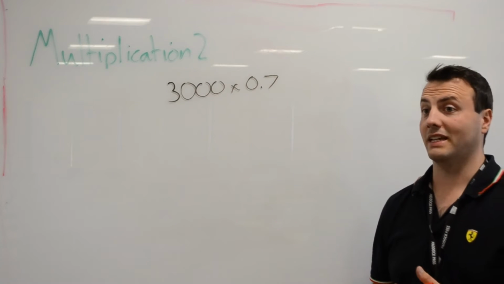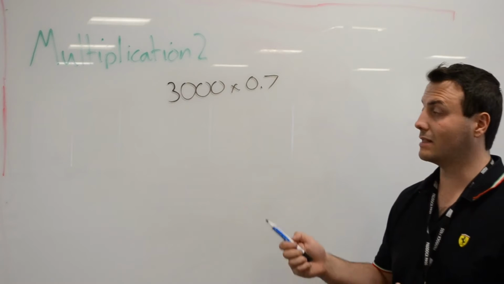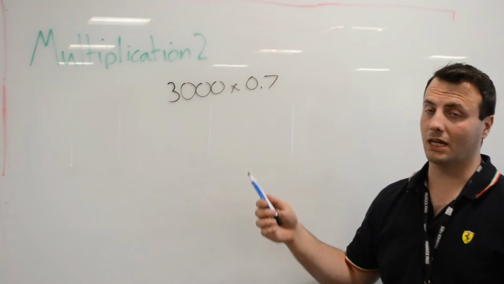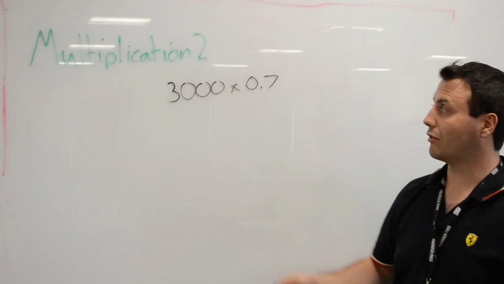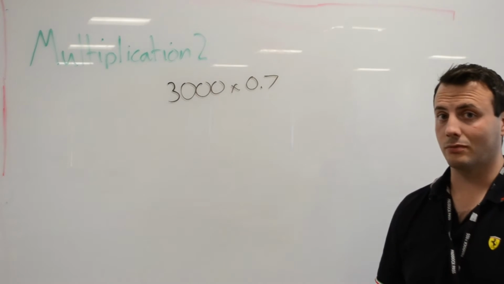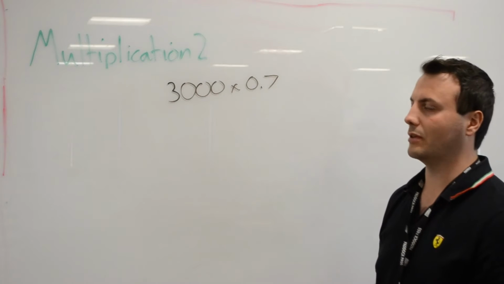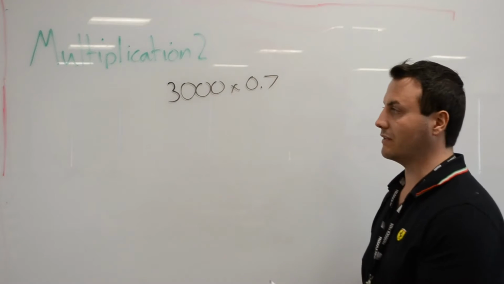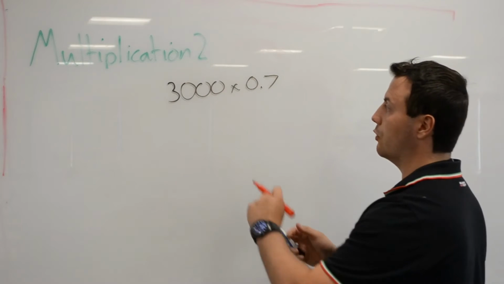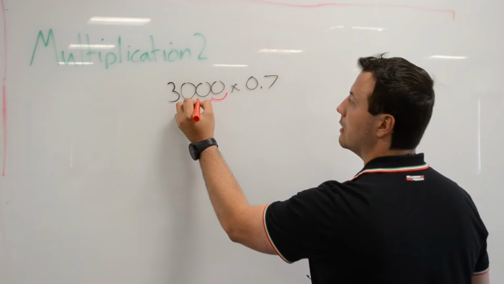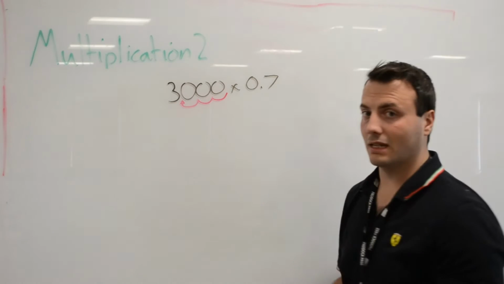So combining the techniques of moving the decimal point to the left and to the right to manipulate numbers to make them either smaller or larger, we can now deal with this sort of problem really quickly. 3,000 times 0.7. So, first of all, 3,000 is a little bit on the big side, let's make it smaller by dividing it by 1,000 in this case, or moving the decimal point 3 places to the left.